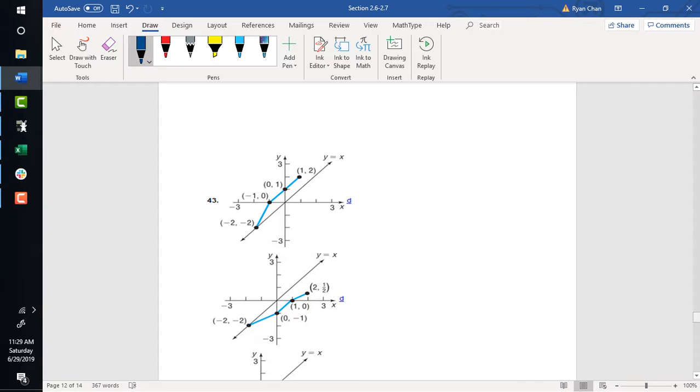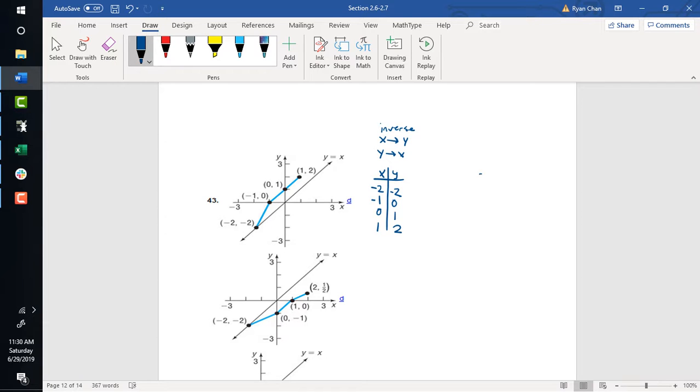We have a graph and we have these points: -2, 2, -1, 0, 0, 1, and 1, 2. And so the idea for an inverse is that your x's become y's and your y's become x's. Why is that? Because my domain and my range flip.